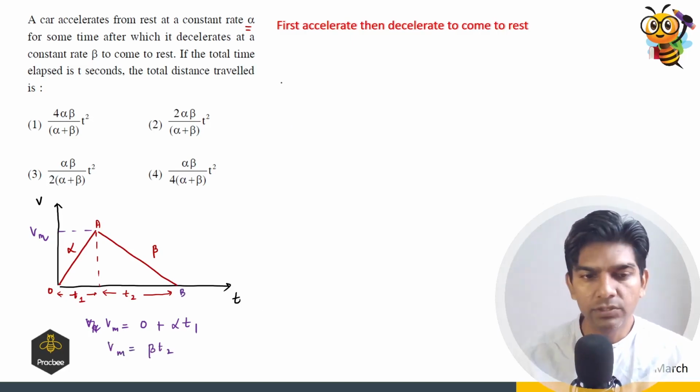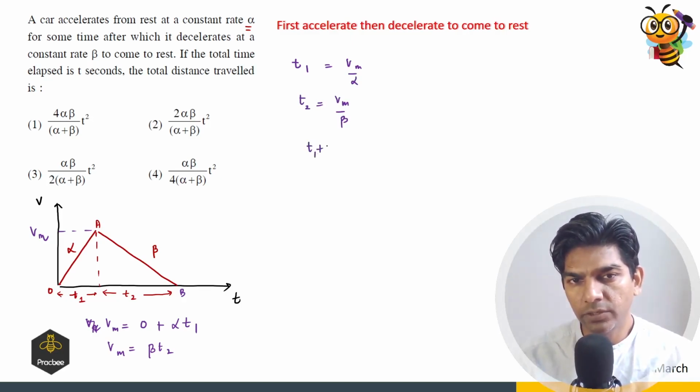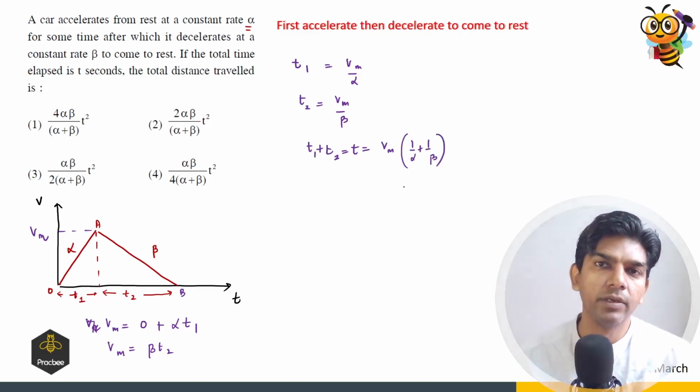Now from these two equations, we can find t1 and t2. So t1 is equal to Vm by alpha, t2 will be Vm by beta. And we know the total time of journey, so that will be t1 plus t2, which is t, and it will be Vm times 1 by alpha plus 1 by beta.